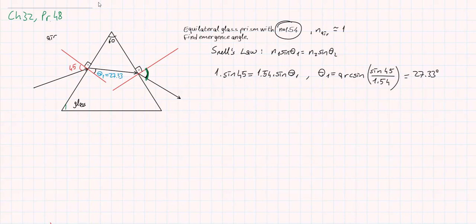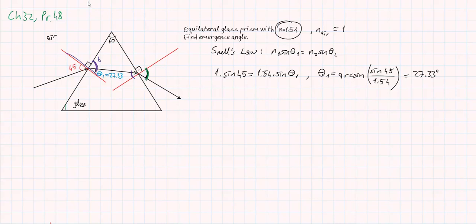Now I need to find this angle, right? Let's use violet, this angle, to find the emergence angle. But I don't have it, but I have one triangle in here, and I know this angle. I know that the surface normal will make a 90 degree angle in here as well. So by subtracting this from the 90 degrees, I can find this angle.